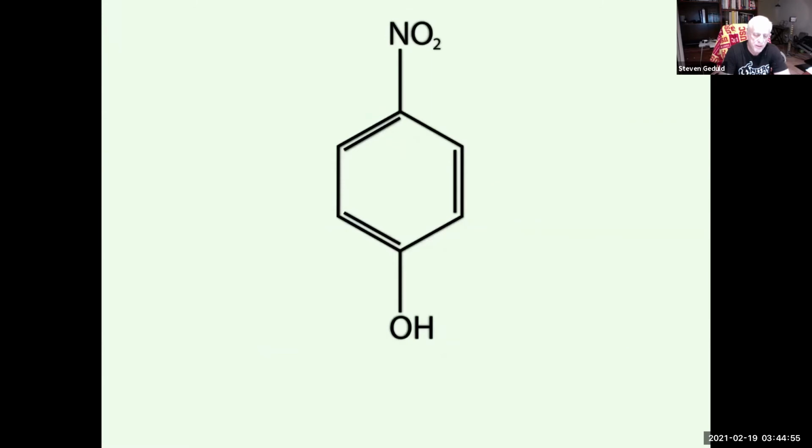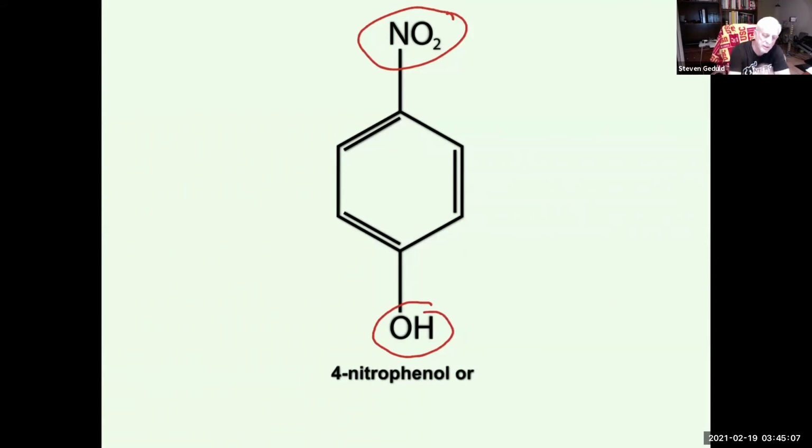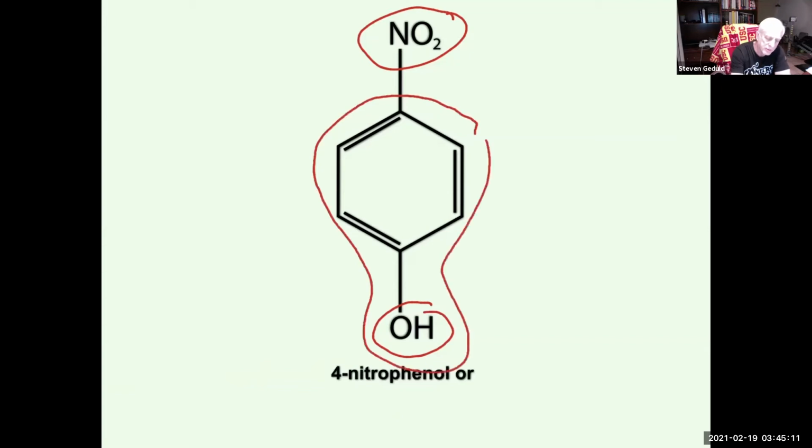Okay. Remember, it has a nitro group here and an OH group down here. The OH group is phenol. So you would have 4-nitrophenol. This is your phenol group right here, your benzene ring with an OH. So that becomes number 1, because phenol is the OH group attached.